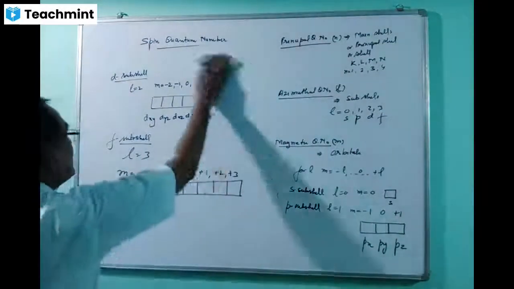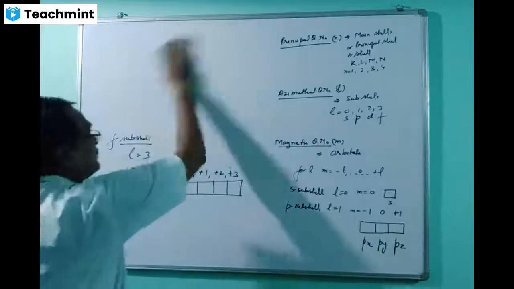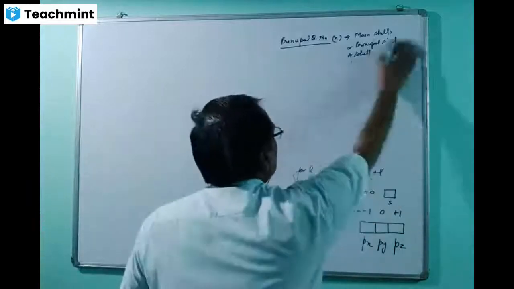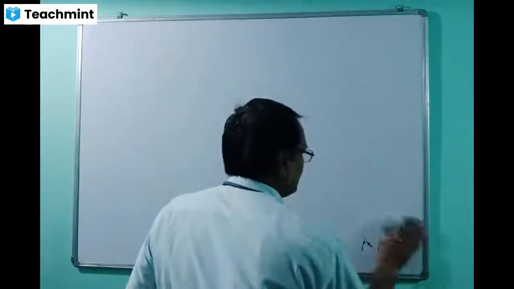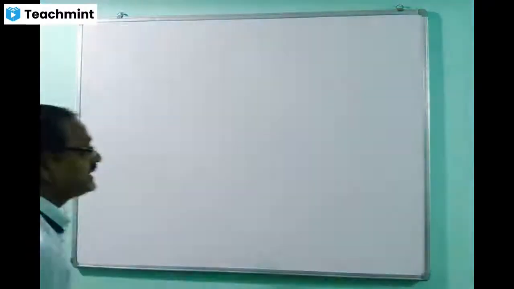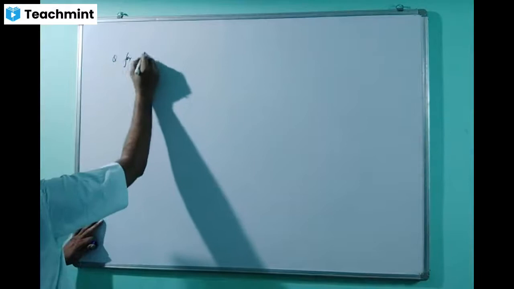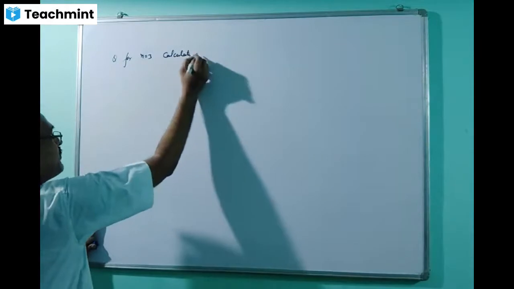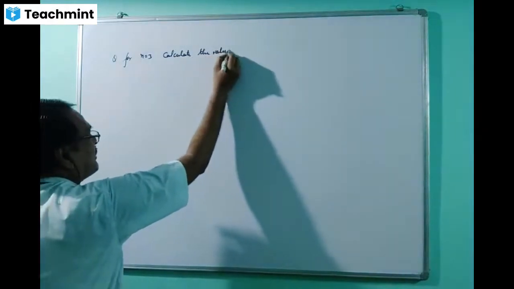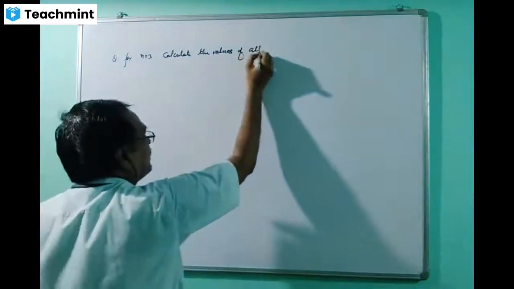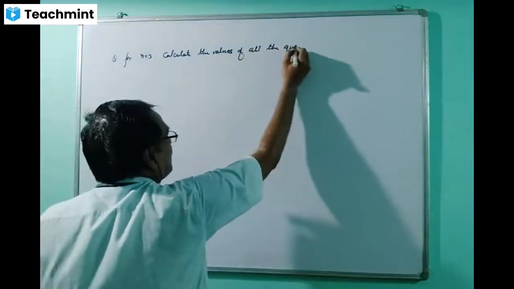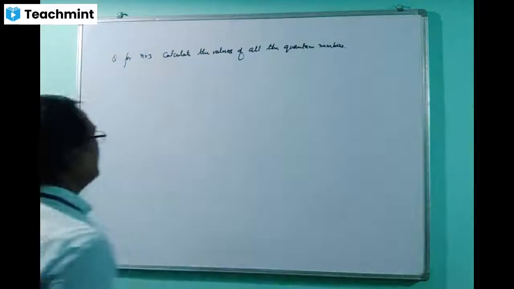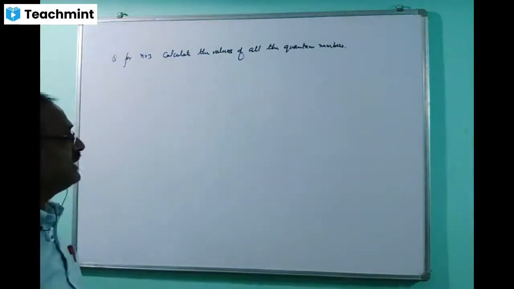So just you see, for n is equal to 3, calculate the values of all the quantum numbers.